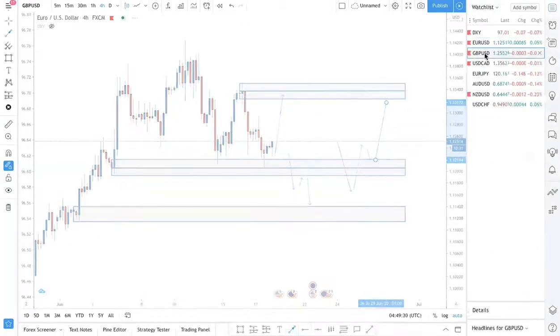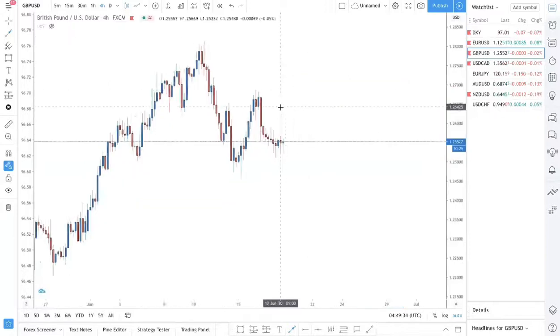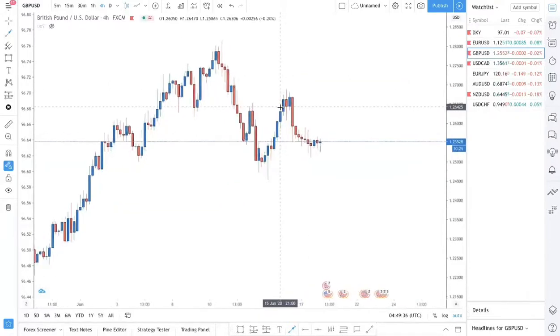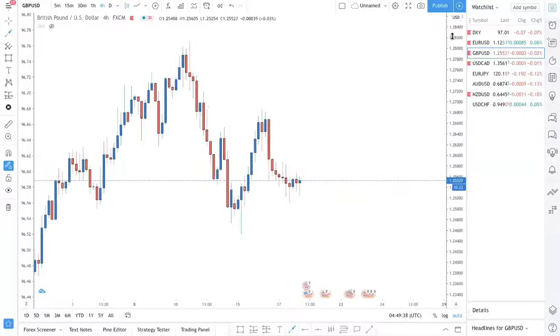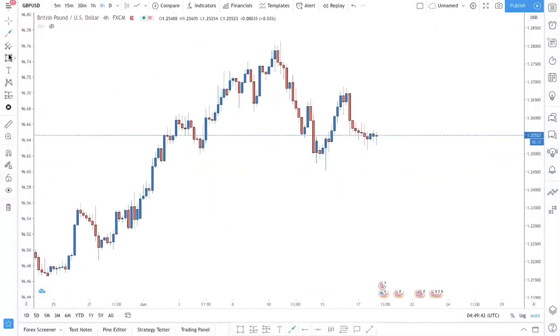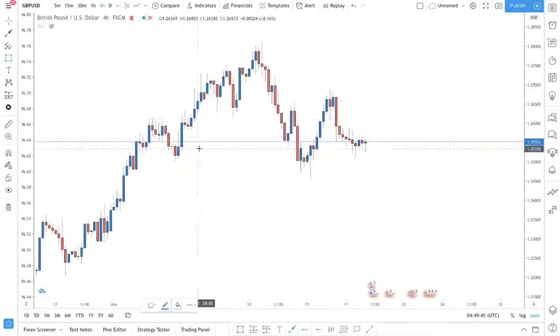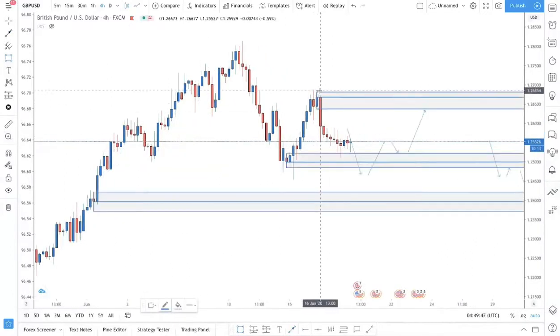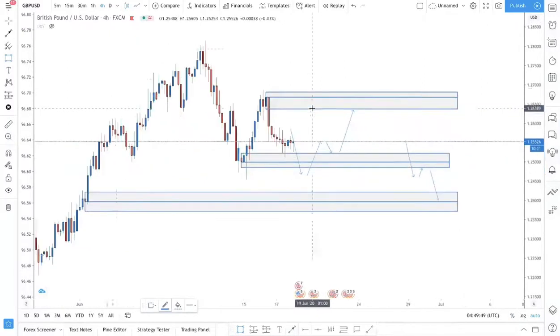Also I have GBPUSD marked, I think. All right, I wanted to map it again, but yeah, here it is.